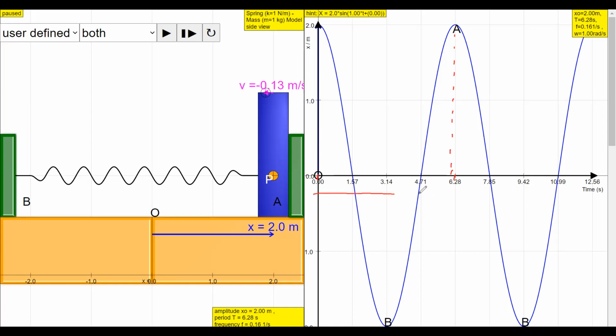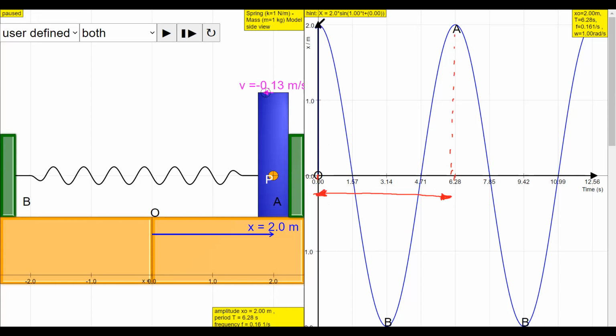This whole motion of our body is our one cycle, meaning when it makes its one whole motion.